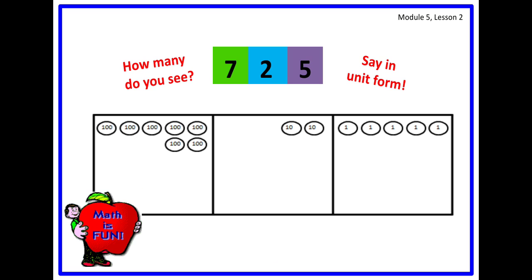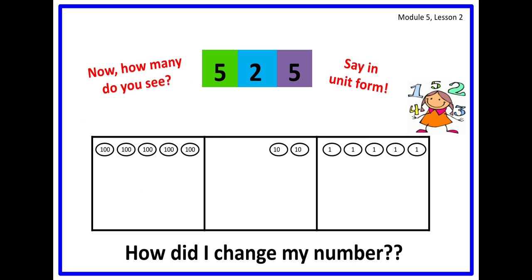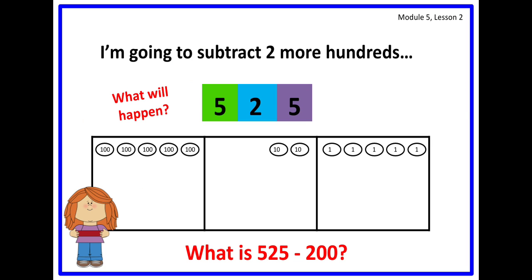If you remove 200 from 725, we have 525. I'm going to subtract 2 more hundreds. From 525, if you remove 200, we are going to have 325.